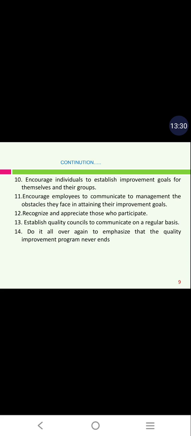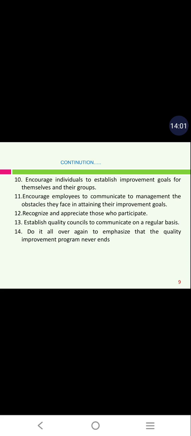And the 14th point is do it all over again, to emphasize that the quality improvement program never ends. So it has to be done frequently so that it will never end. The quality improvement process will never end. So it is a never ending process.